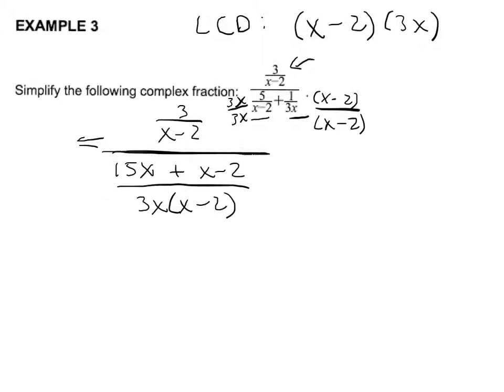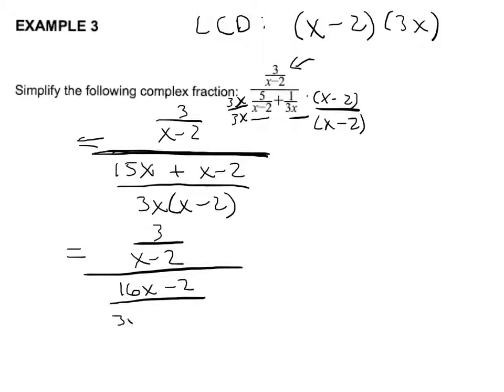Remember, this is still the main rational expression we're dealing with, so there's still division involved. But now we have 3 over x minus 2 divided by 16x minus 2 over 3x times x minus 2. When you're dividing by a rational expression, as we discussed in 9.4, you actually want to flip the numerator and denominator and multiply.